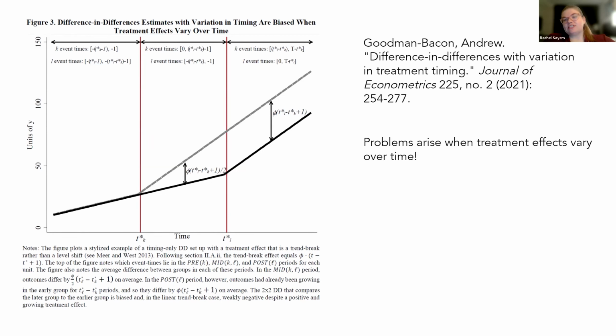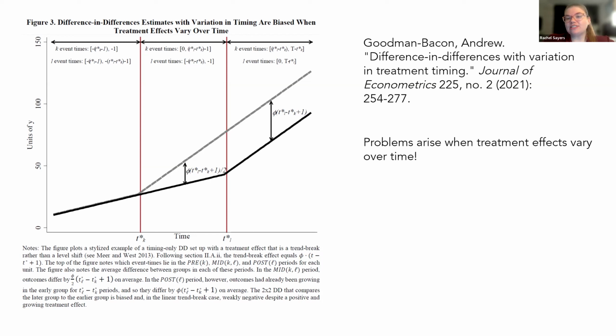So if the shift is parallel in the outcome, then it might be okay, but oftentimes what happens is, when there's a treatment, the outcome variable will jump, and then perhaps the trend will also shift a little bit.